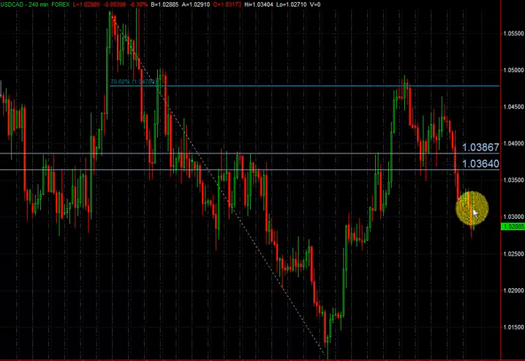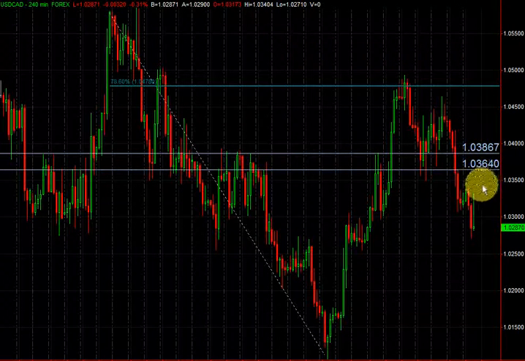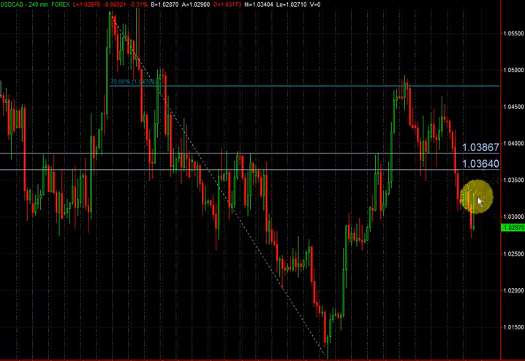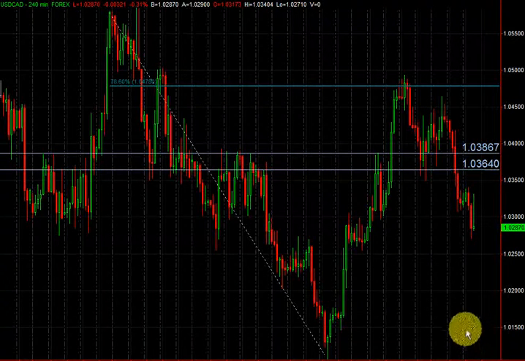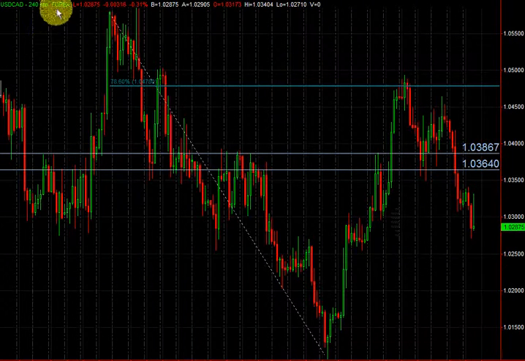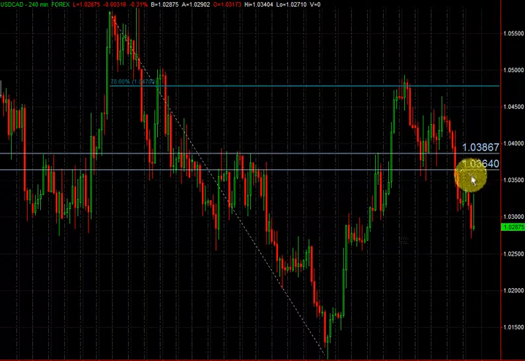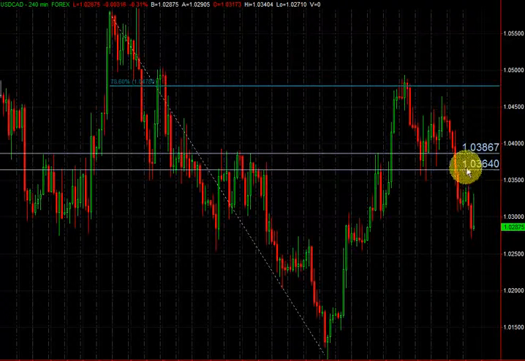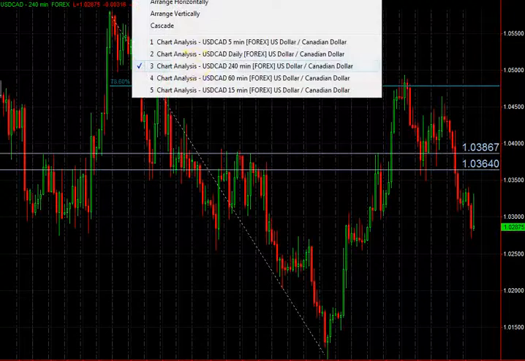If it is a very strong trend, it might not come up to the 1.0364-ish area, but you can at least expect some kind of shift towards that area before it starts its journey downwards. That's what the 240-minute chart tells us. So now let us plot the levels 1.0364 and 1.0386 on the 5-minute chart.